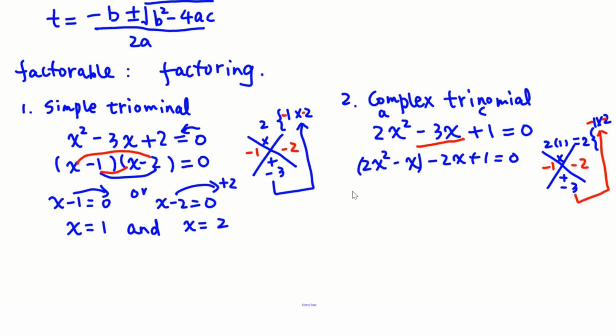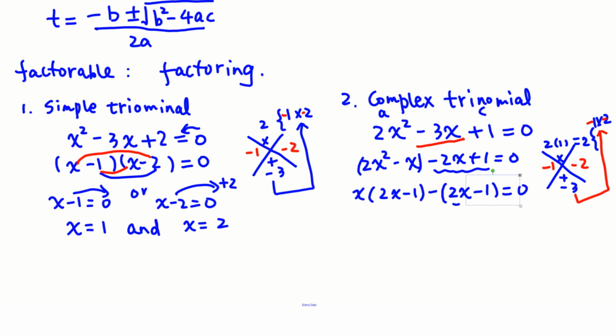You have x as the common factor, then each term divided by x gives 2x minus 1. For the last two terms, we want to have 2x, so each term is divided by negative 1: negative 2x divided by negative 1 gives 2x, and positive 1 divided by negative 1 gives negative 1.